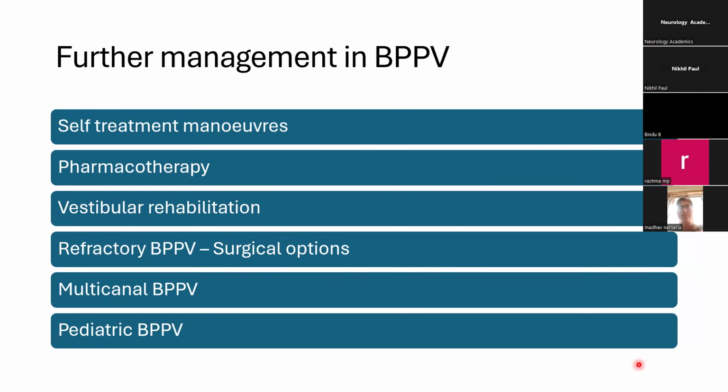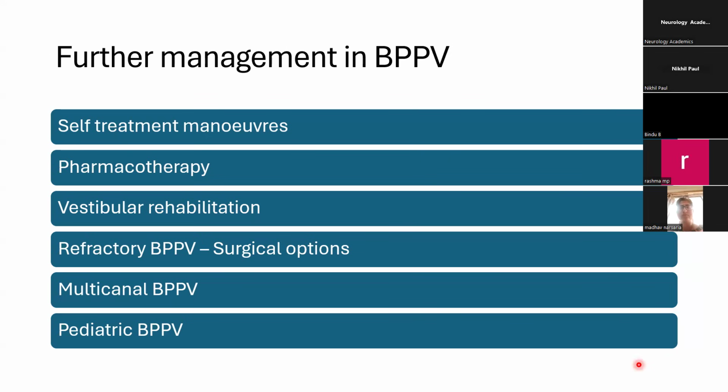So what are the further management strategies? What if they lie on the left? Lying on the right makes it more susceptible. And always the posterior canals are more anatomically susceptible to hold this dislodged otoconia. There are articles showing that lying on the right increases the risk.